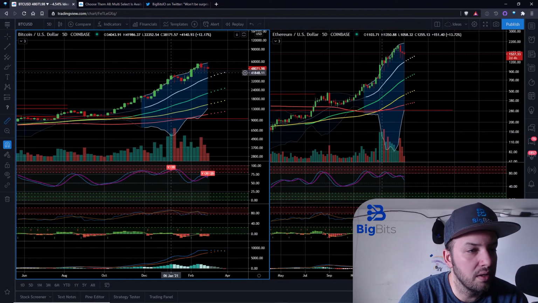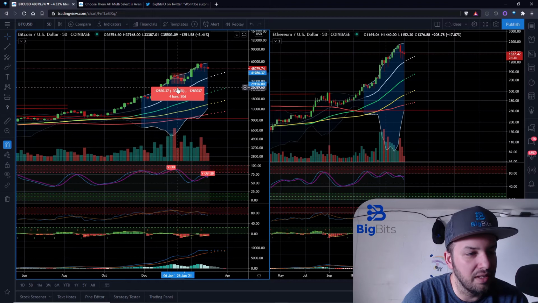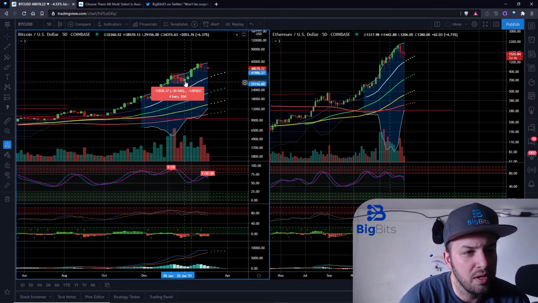Go from this wick down to here. That was 30%. And actually, it looks like I could have been a little bit more precise. There's a little bit of wick hanging out the bottom end, so it could have been 31 to 32%.